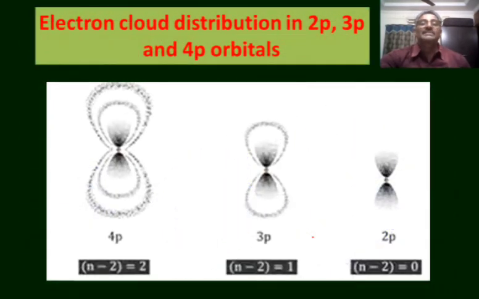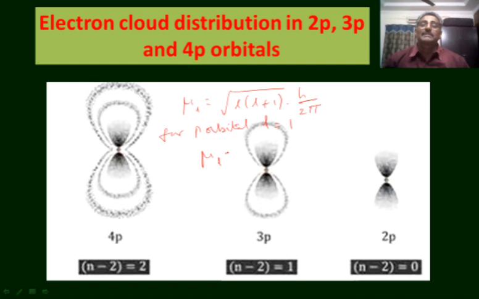Now let us go to the shapes of p orbitals. In the case of p orbital, the angular momentum is equal to square root of L into L plus 1 into h by 2 pi. For p orbital, L is equal to 1.